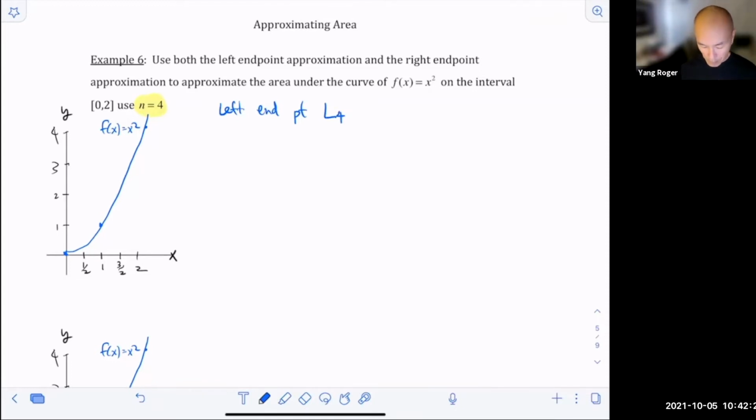Okay. So how do we do this? I'm worried you look at this and you're like, what does this mean? I'm just trying to say, calculate L4.